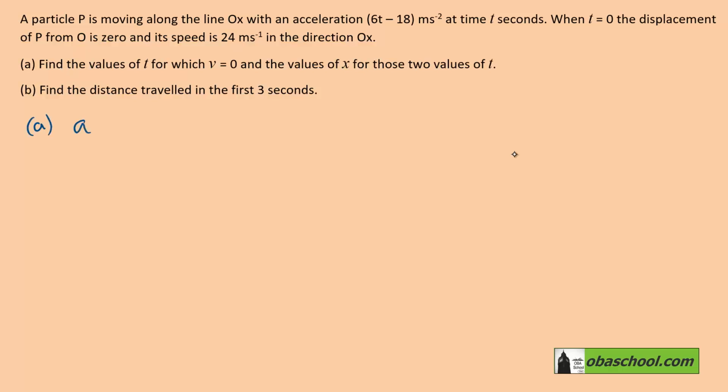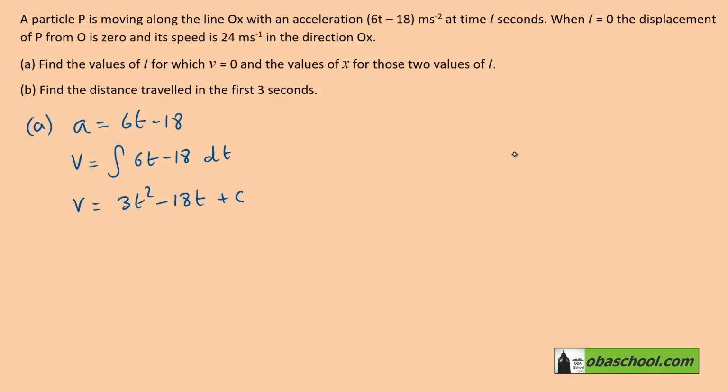So the acceleration is 6t minus 18. The velocity is going to be the integral of that. So that's going to be 6t squared over 2, which is 3t squared, minus 18t plus a constant.